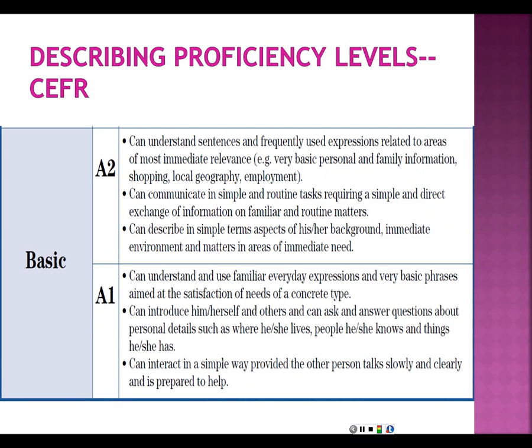Okay, a basic user that you may have, let's look at A1. Can understand and use familiar everyday expressions and very basic phrases aimed at the satisfaction of needs of a concrete type. Can introduce himself or herself and others, and can ask and answer questions about personal details such as where he or she lives, people he or she knows, and things he or she has.